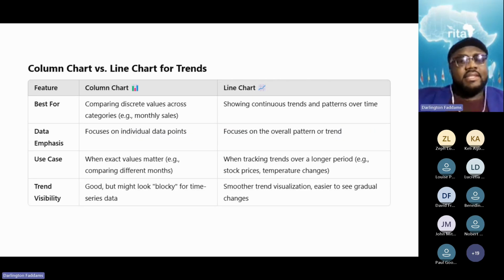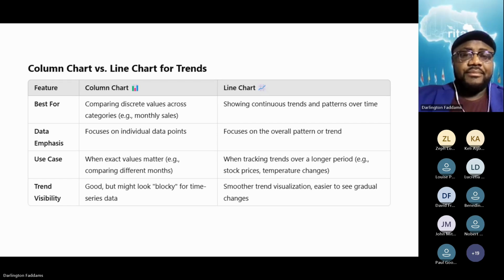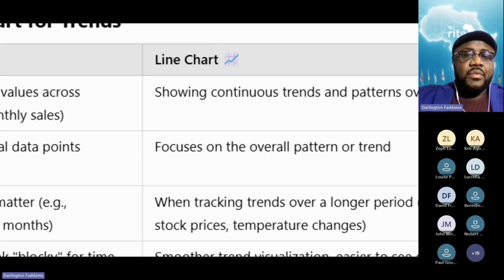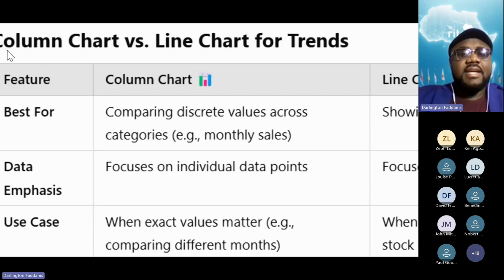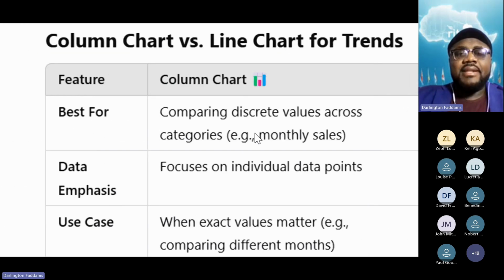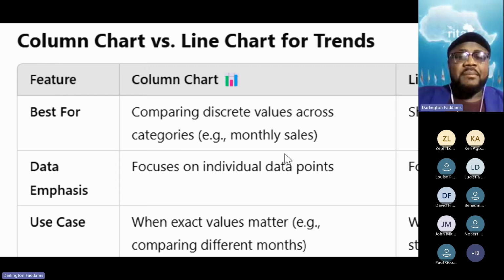Let's analyze this table and see. When it comes to column charts, we can see that column charts are best for comparing discrete values across categories. Example, monthly sales.